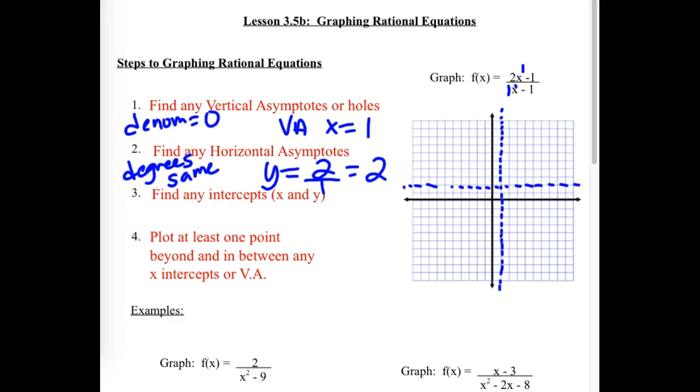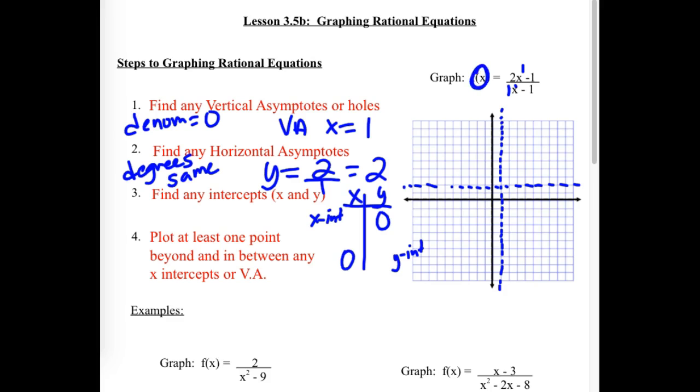Next step is to figure out if there's any intercepts. Remember, for x and y intercepts, we're just putting zeros in one at a time. So my x-intercept is what I get when I put a 0 for y. My y-intercept is what I get when I put a 0 for x. So putting a 0 for y, that means I'm going to change f of x here to a 0.